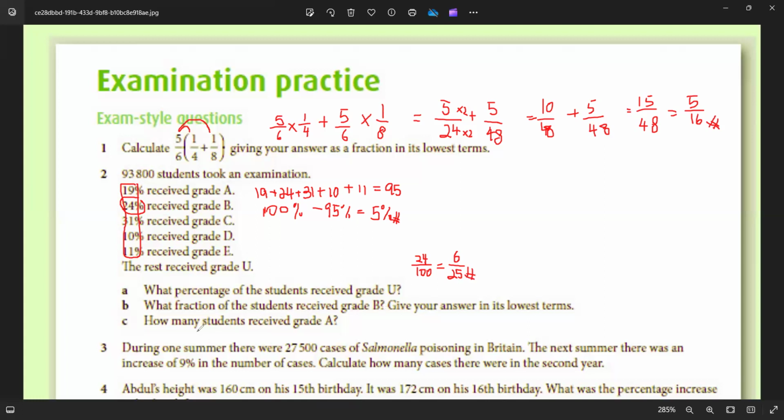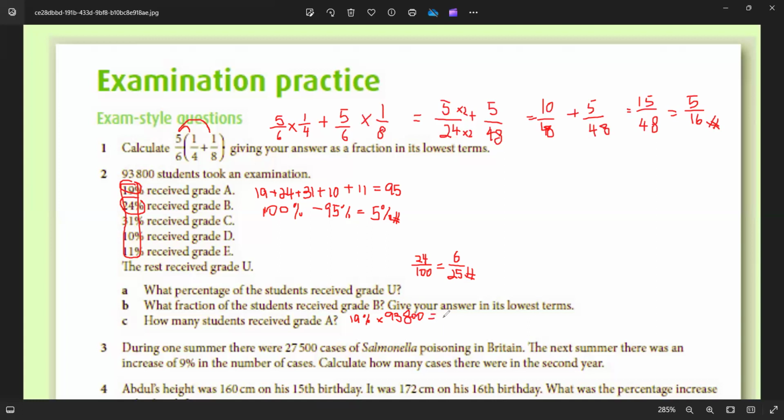Question 2c, how many students receive grade A? The percentage of students receiving grade A is 19%. So we'll take 19% times the amount of students, which is 93,800.